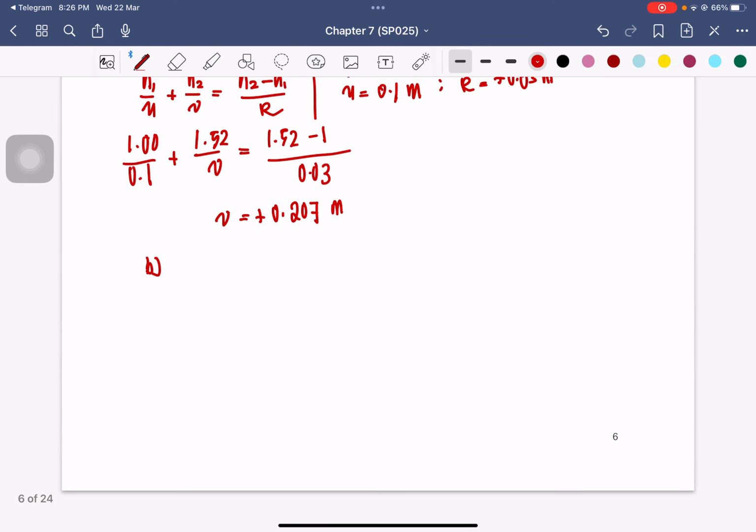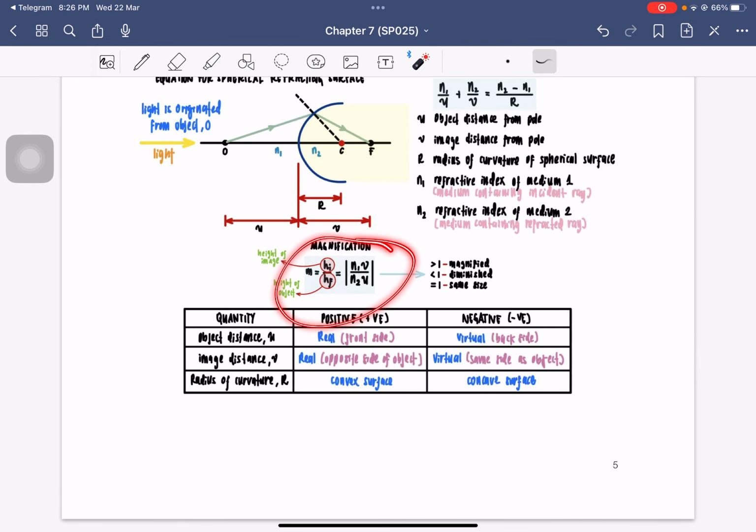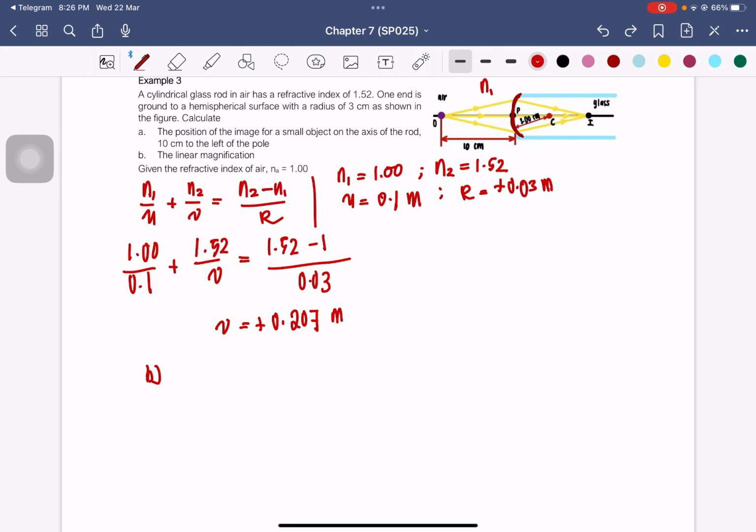Okay, so next we have to calculate the linear magnification. So where is it? Okay, so the linear magnification is just this equation here. So we are going to use this one because we do not have this information. Right, so M is equal to modulus N1 V over N2 U, kan tadi tu. Okay, so dia ada modulus.